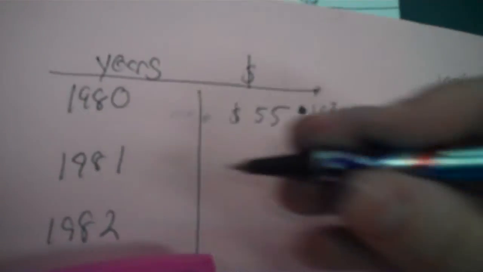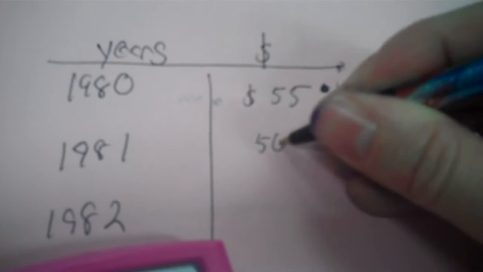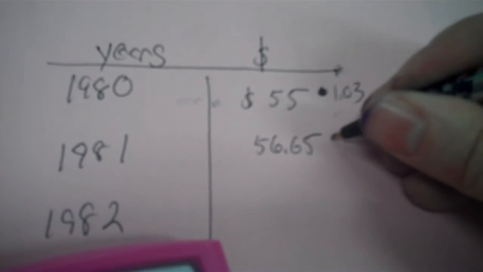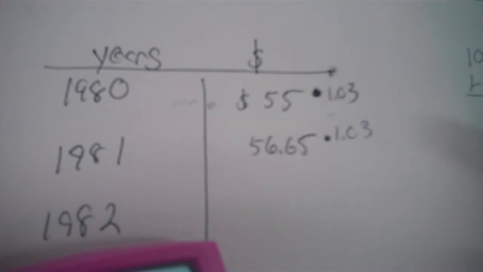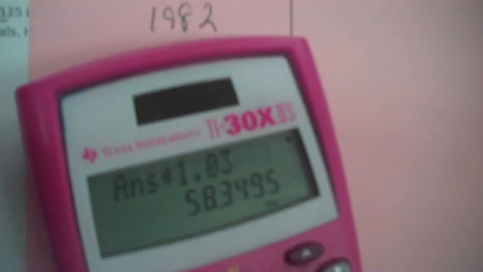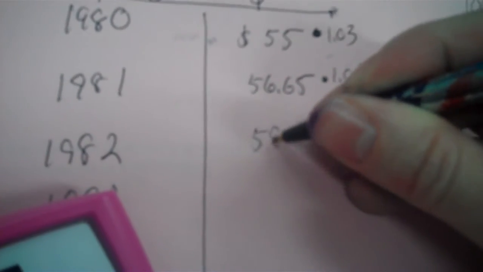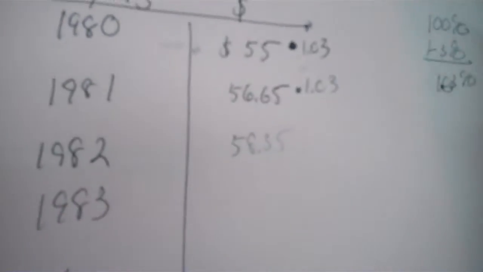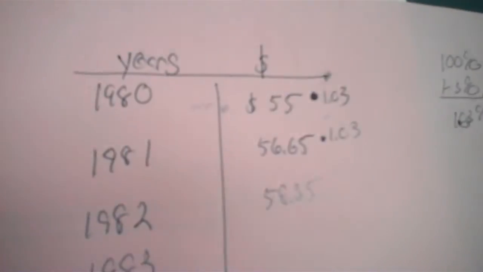Now after 1981, it was $56.65. Then multiply by 1.03 again. Now it's up to $58.35. Times 1.03 again. Now it's $60.10.